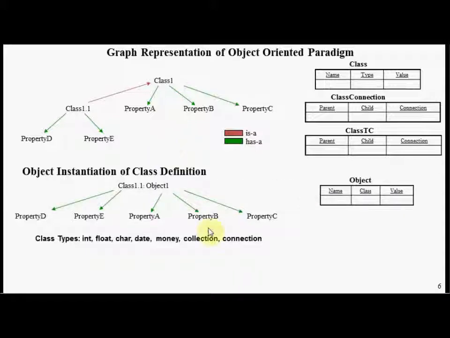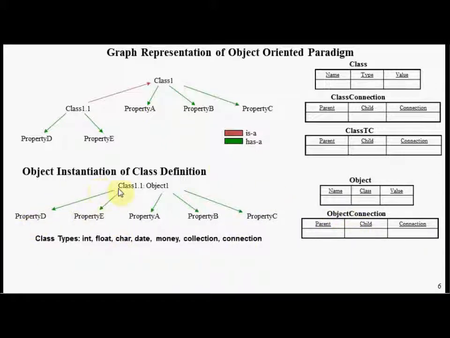Let's look at the tables needed to support our object graph here. We have a table called object, which represents the nodes of our object graph. Again, it is basically a name-value pair with a class column here representing the kind of class that we're instantiating here, including the class properties. We also have an object connection table here, which represents the connections of our object graph.